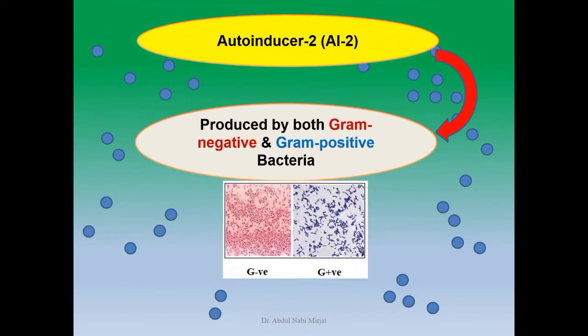Autoinducer 2 is a specific type of quorum sensing molecule that is produced by both gram-negative and gram-positive bacteria. It means these are signal molecules that can be produced and utilized together by both bacterial groups.